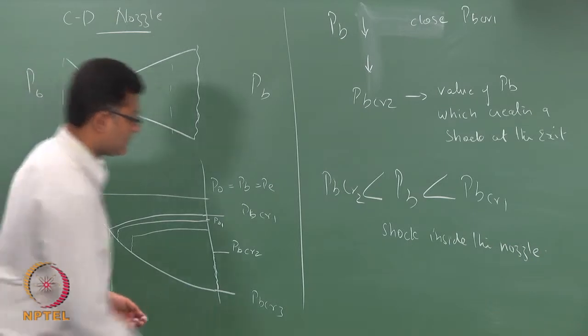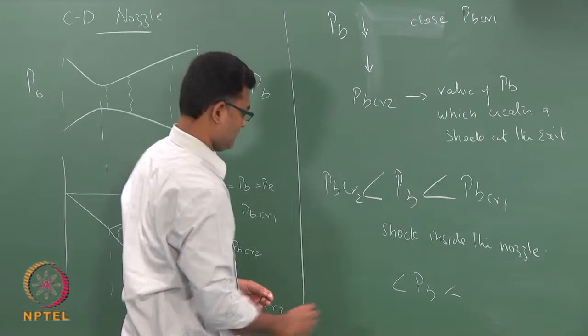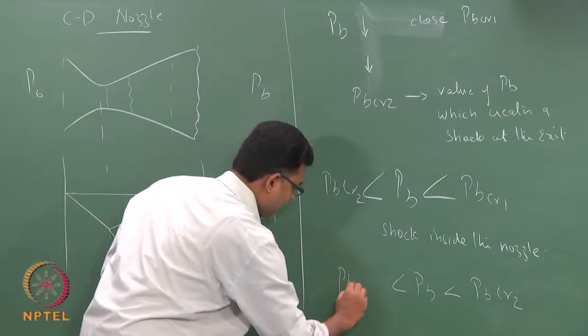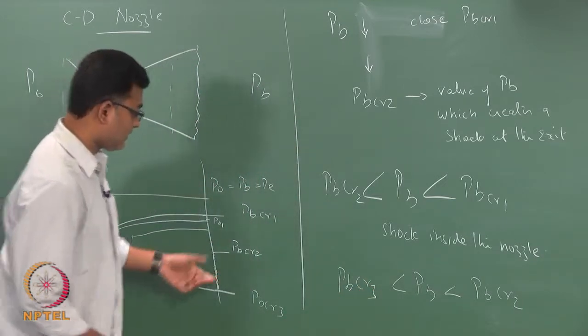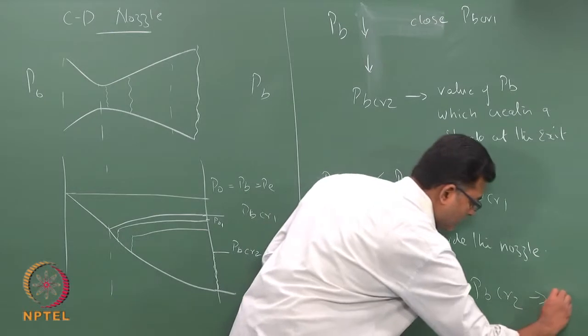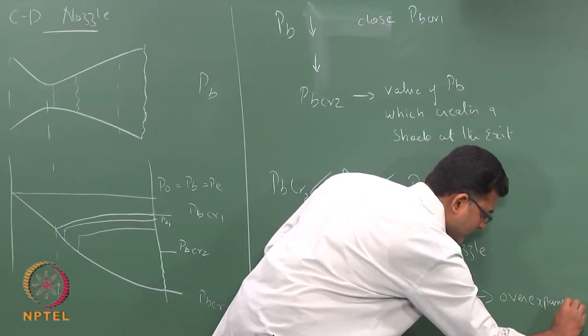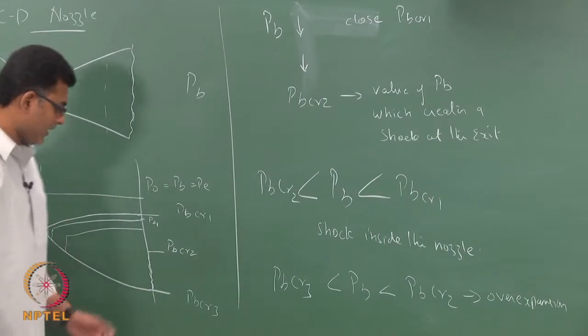Okay. If your PB is between PB critical 2 and PB critical 3, then we have the overexpanded nozzle, the overexpanded case, which we will discuss later.